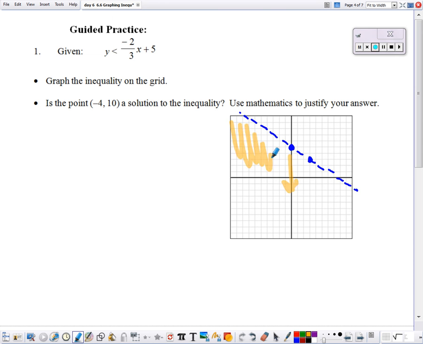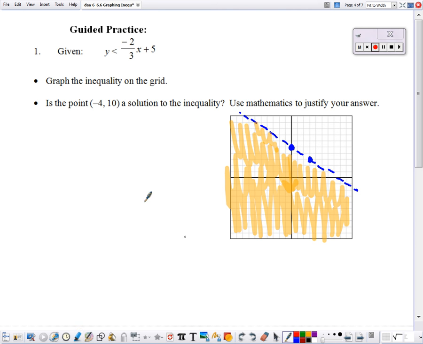So I'm going to color in everything below my line. To answer the question, -4, 10 is out here.